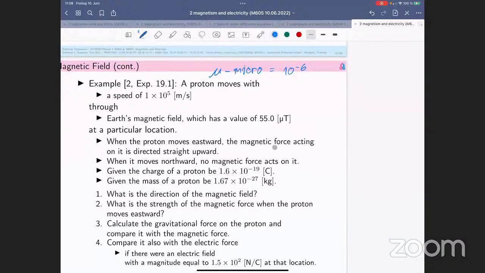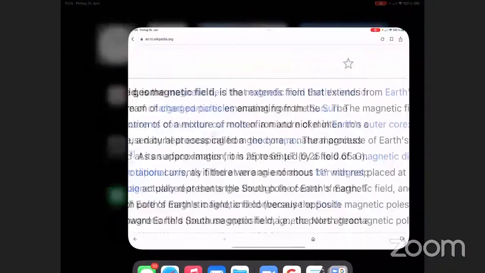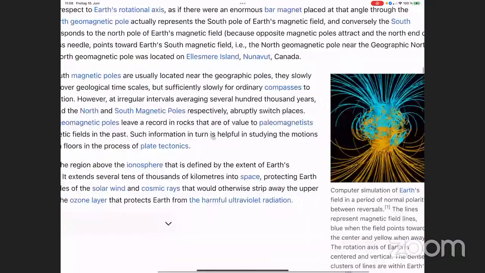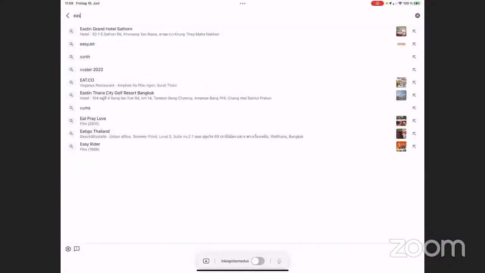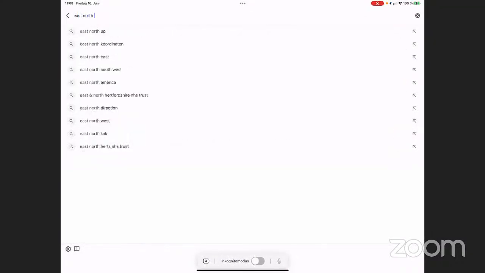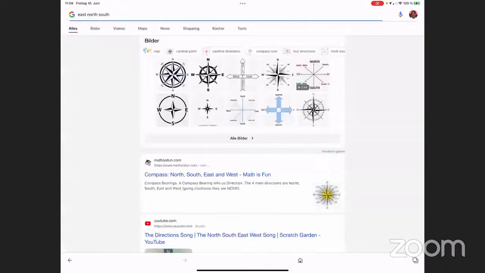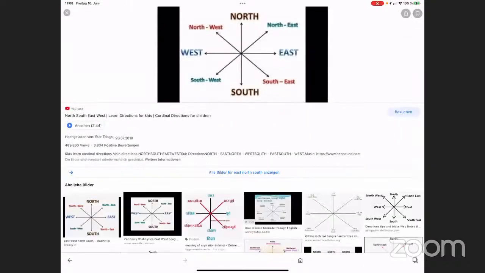The next detail of this problem is that the proton moves eastward, and the magnetic force acting on it has a direction. Before we go to that, let's talk about eastward. You know direction, right?